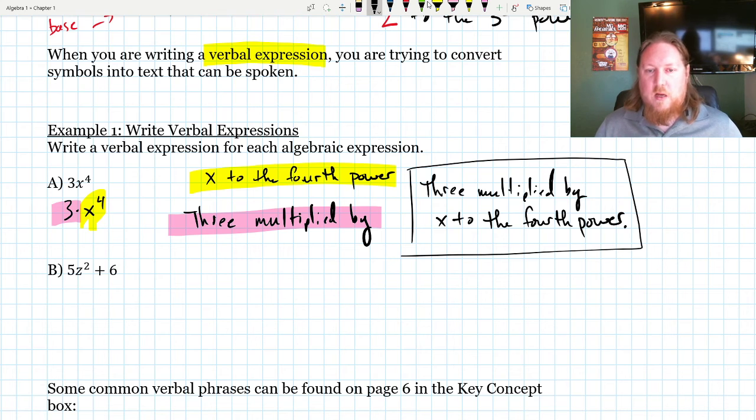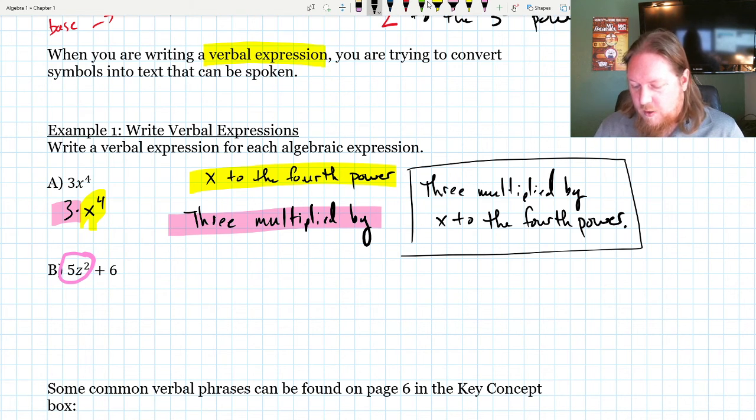Now we got another one down here. This is an important thing to know about math. It's always connected together. It's always just one little step further. If that all made sense to you, how we wrote that down, then this term of the next expression that we're going to translate is the same exact thing. So I don't need to break that down anymore.